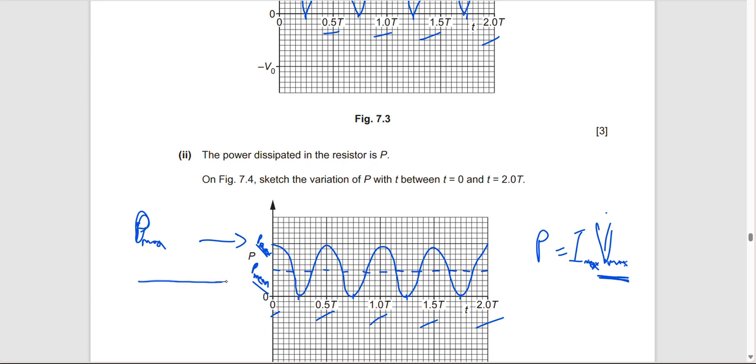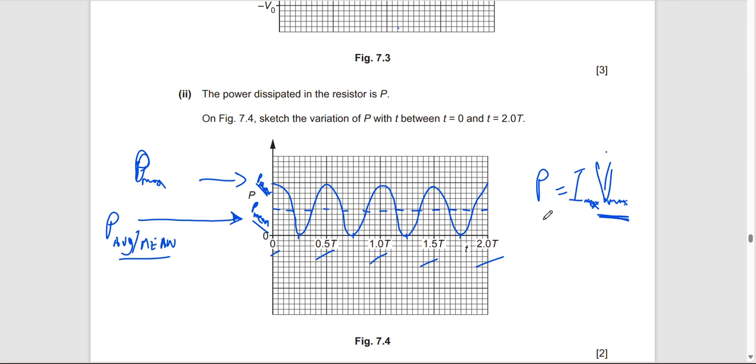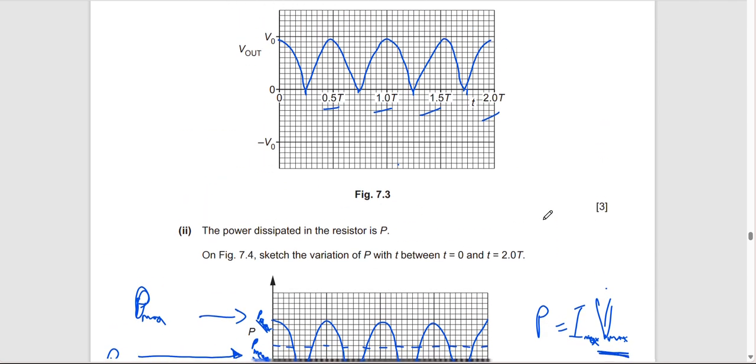And then the midway, that is going to be the average, P average, or P mean, whatever term you like to use. Okay. And then this time around, see the difference of these graphs.